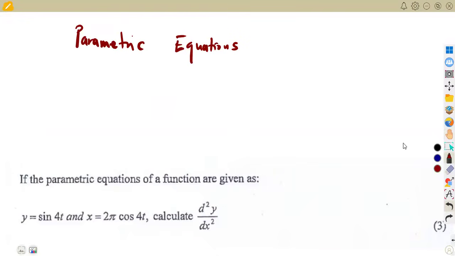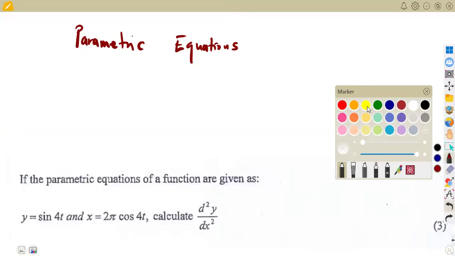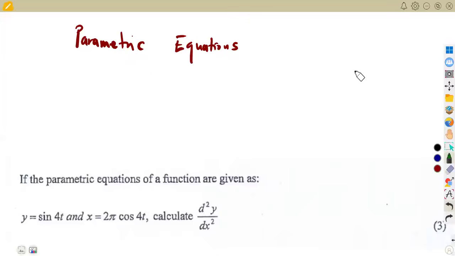Let us take a closer look at having maybe two functions. We are given x as a function of theta, or of t, whatever function you can think of. Let's say it's a function of theta.